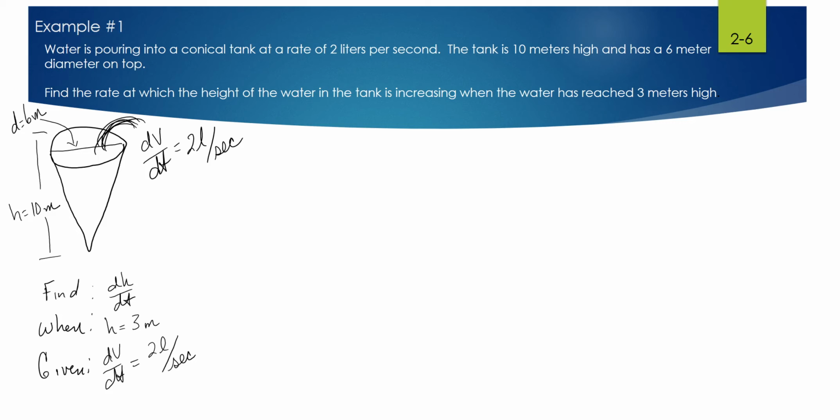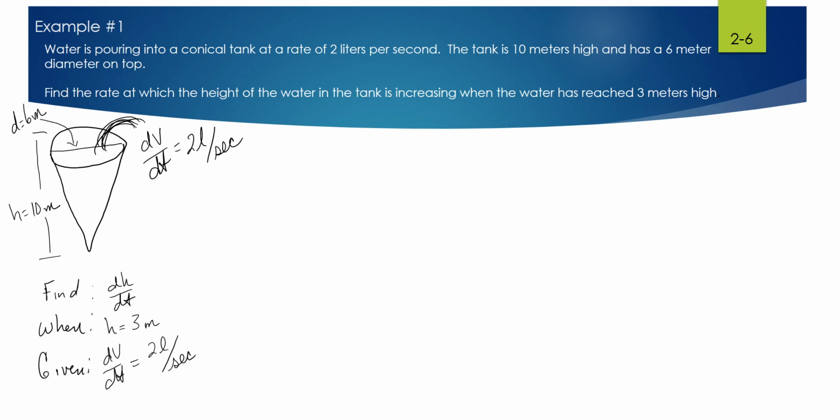How fast is it increasing? So my answer should also be positive. Now, if they had been draining water from the tank, then that would have been a negative rate of change of the volume and a negative answer because the water would be dropping. You guys understand how to read the problem and make sure that you're putting correct positives and negatives.